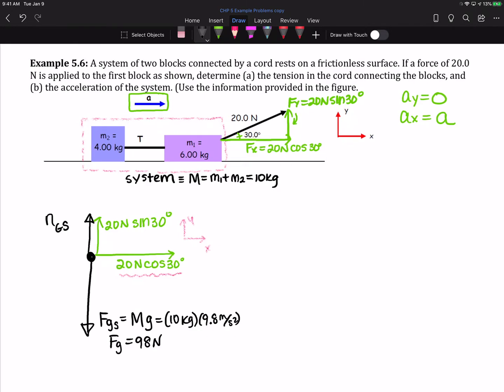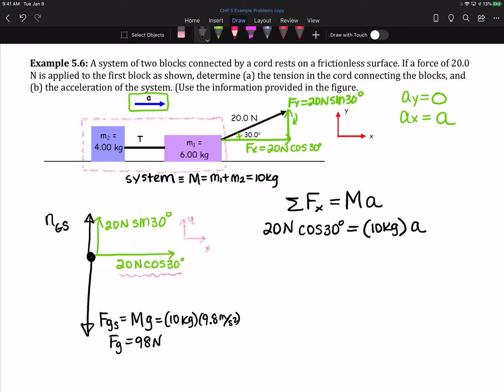So the sum of the forces on my system in the x direction has to equal the total mass of my system times the acceleration. The only force acting external to the system is this 20 newton force acting along the x direction, so 20 newtons times cosine of 30. My mass is 10 kilograms, and I can now solve for the acceleration.